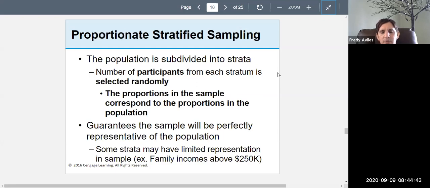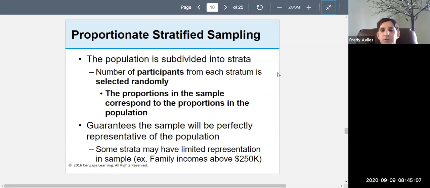Those with incomes above 250,000, only 5%, so therefore only five out of 100. So if you have 100 families or 100 individuals who participate in the study, those with incomes above 250,000, if they only make up 5%, then there's only going to be 5 of them. Okay, because 5 is 5% of 100.